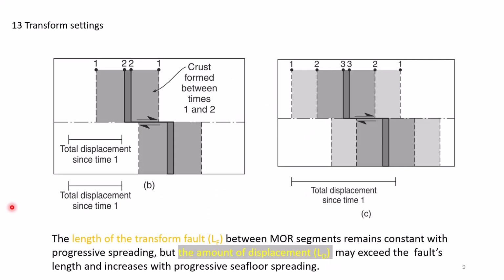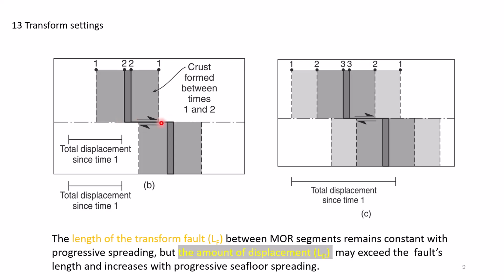If we talk about the transform faults in the narrow sense, that means transform faults that connect two neighboring mid-oceanic ridge segments, there are some characteristics that I want to mention, and the most important one is the length of the transform fault. So the distance from one to the other ridge segment. This length does not change during the evolution of the ocean.